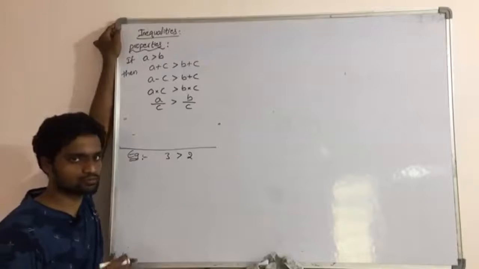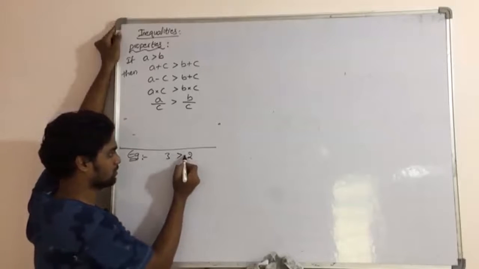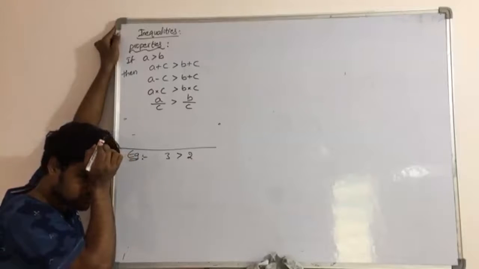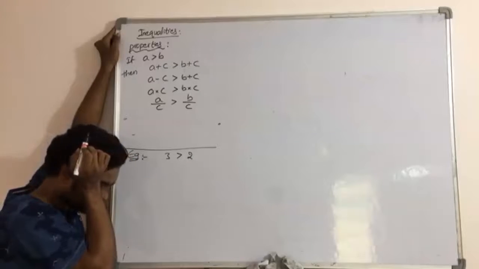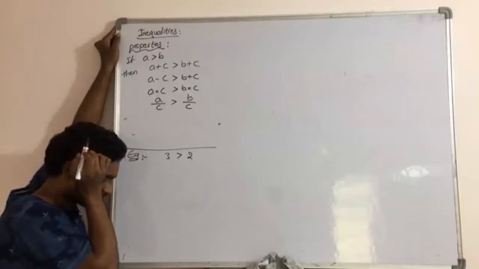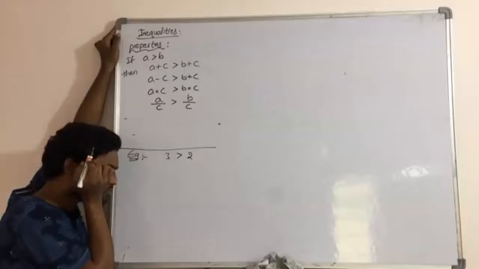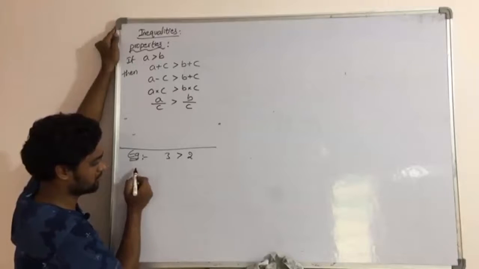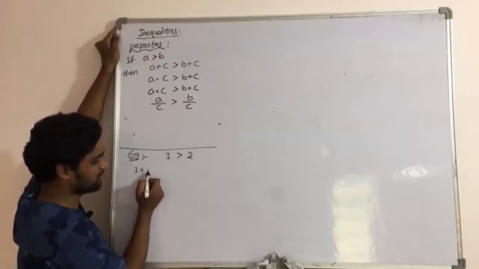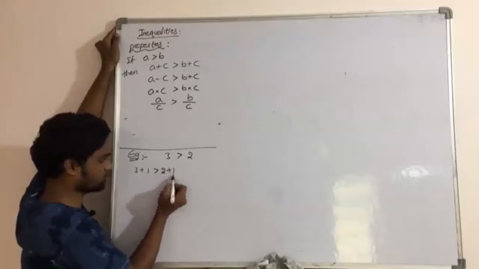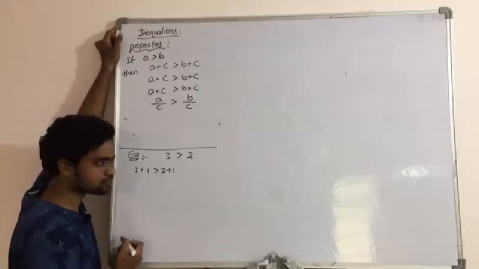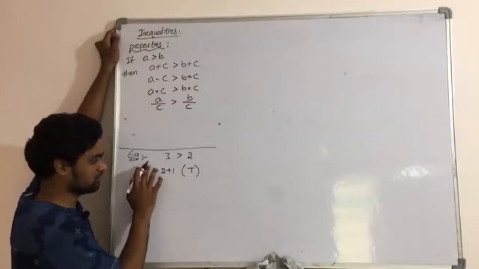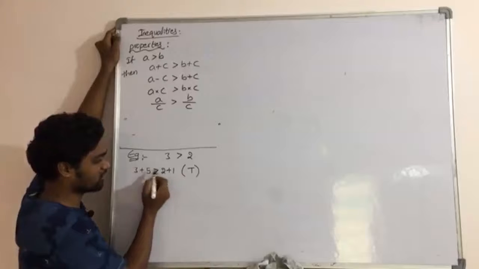3 is greater than 2. Okay. 3 is greater than 2. Now, 3 plus 5 greater than 2 plus 5.